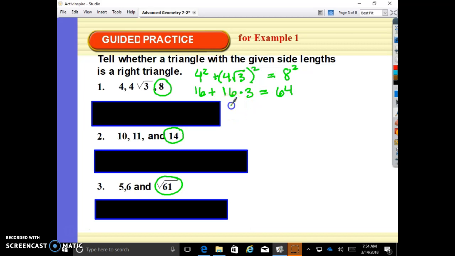What do you guys got? 48. So 16 plus 48 is what? 64 equals 64. So yes, it's a right triangle.